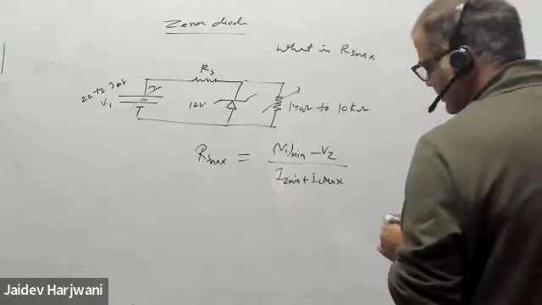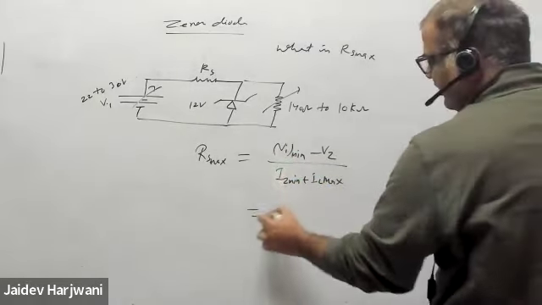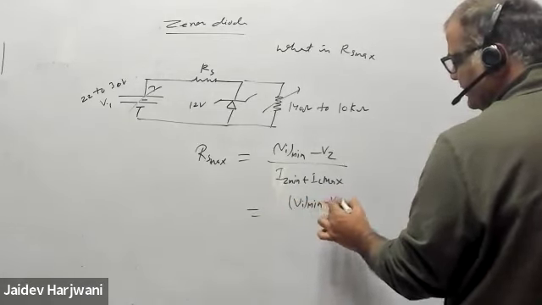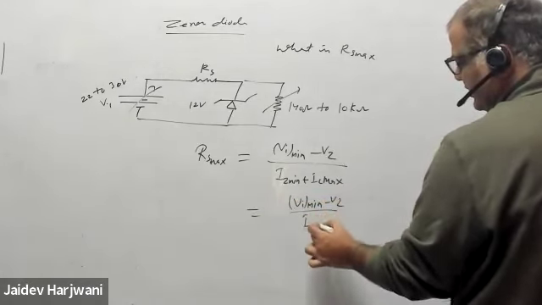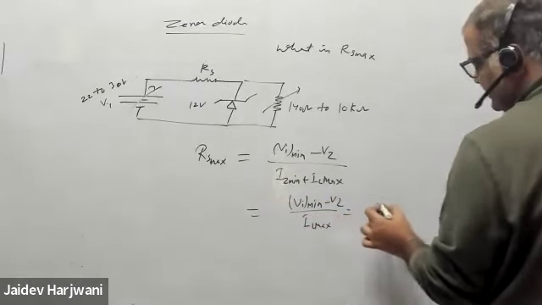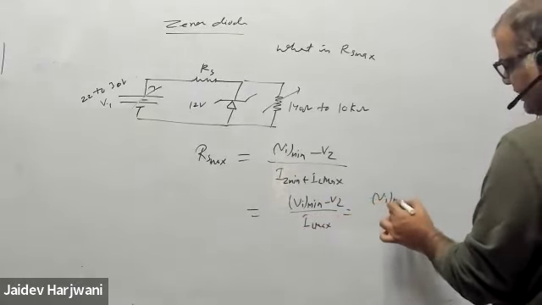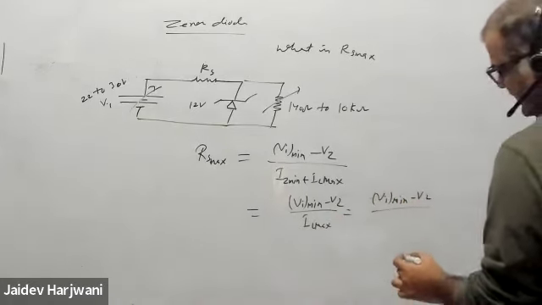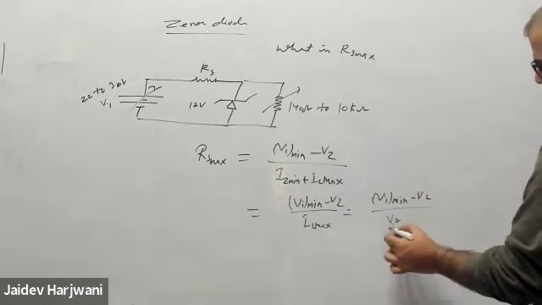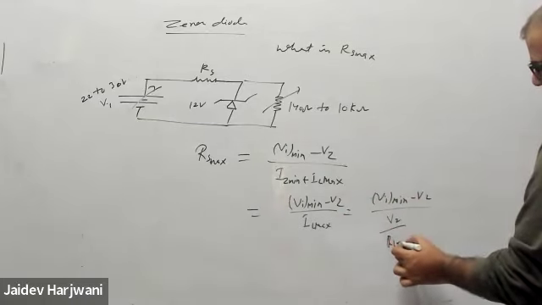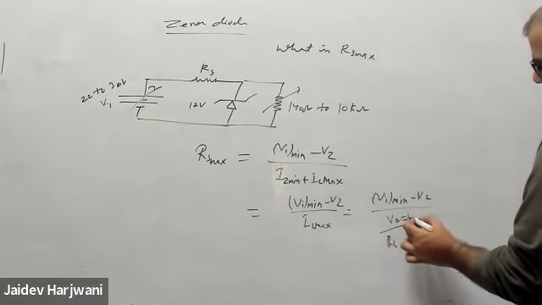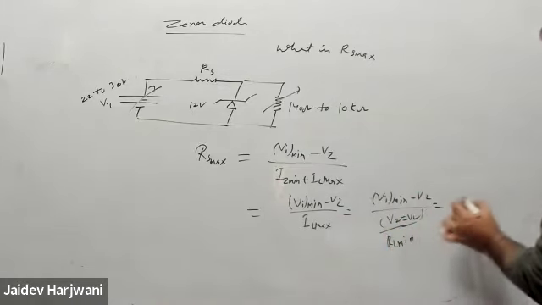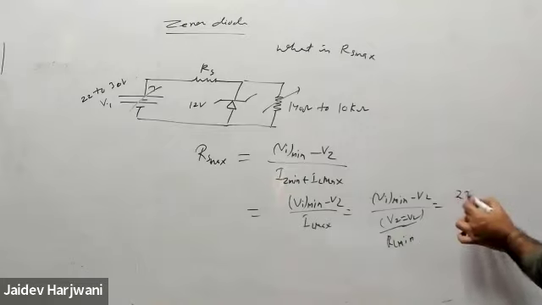Here I can always take IZ minimum as 0. So VI minimum minus VZ over IL max, where IL max is VZ upon RL minimum, because VZ equals VL.